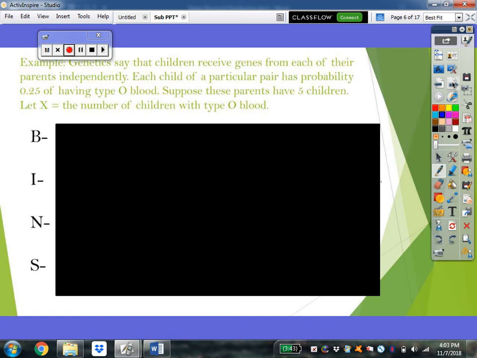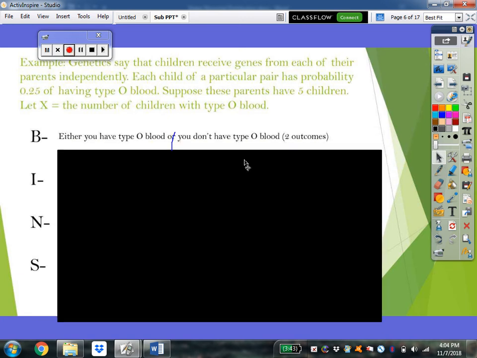So let's go ahead and take a look at another example. Genetics say that children receive genes from each of their parents independently. Each child of a particular pair has probability 0.25 of having type O blood. Suppose these parents have 5 children. Let X be the number of children with type O blood. This one is not in your notes, it's just another example I want to walk through. So for B, either you have type O blood or you don't have type O blood.